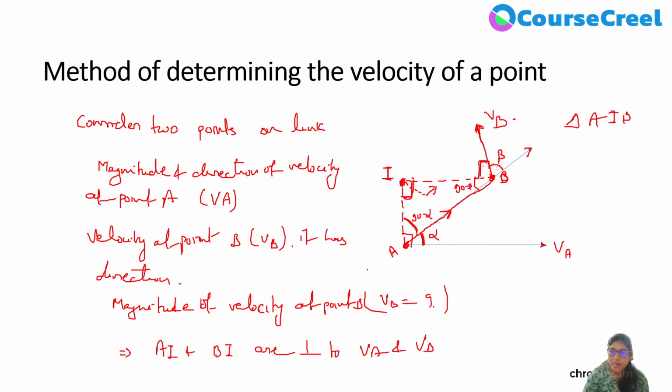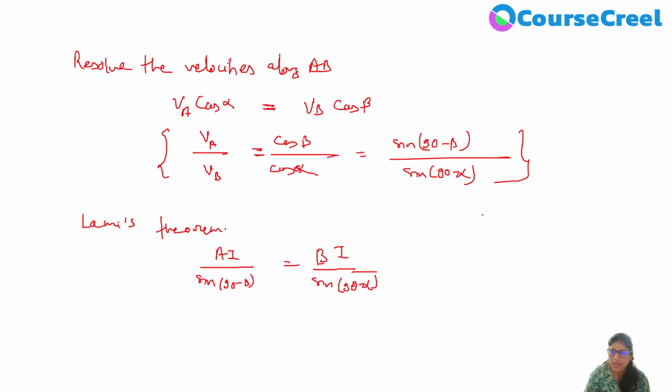How? Look, in front of 90 minus alpha it will be BI, and in front of 90 minus beta it will be AI. And in front of 90, we can define AB, so AB divided by sine 90.